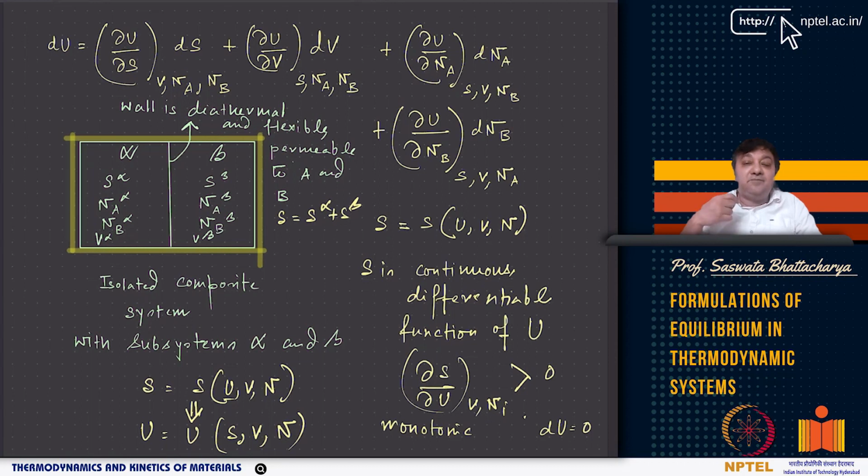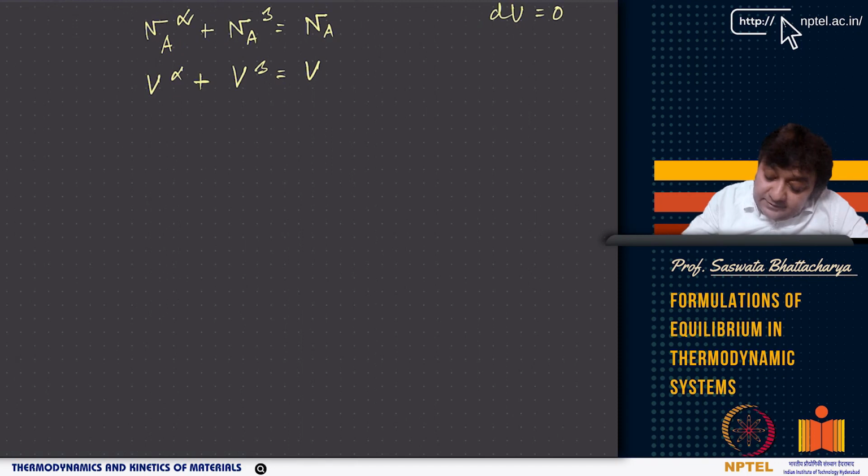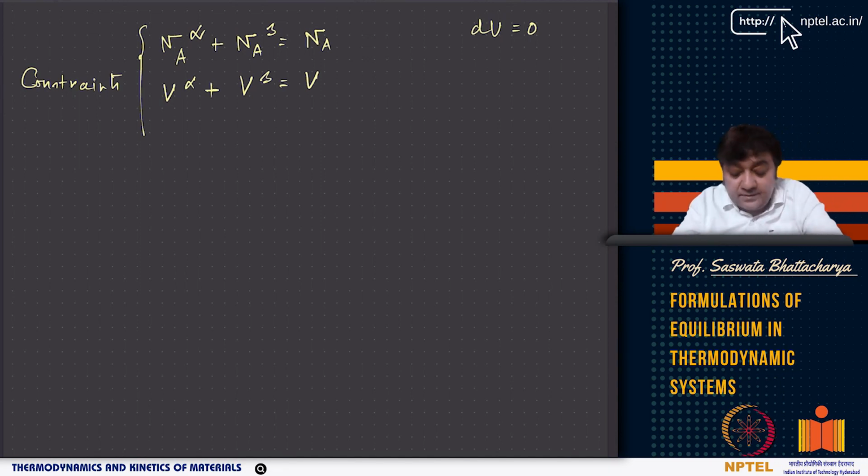However, if I do it the other way, with du, I am saying S equals S alpha plus S beta has to be fixed. So for du equal to 0, the constraints are Na alpha plus Na beta equal to Na. These are called constraints, and these are meaningful constraints, because it's an isolated system.